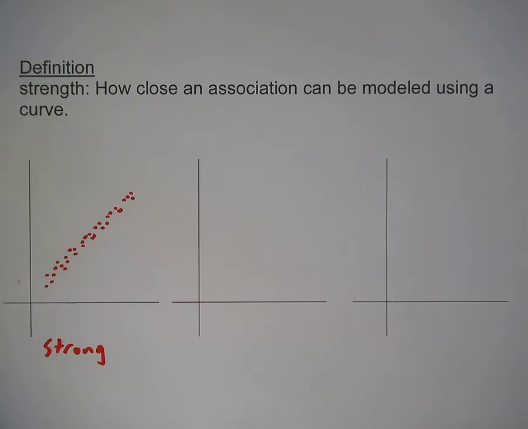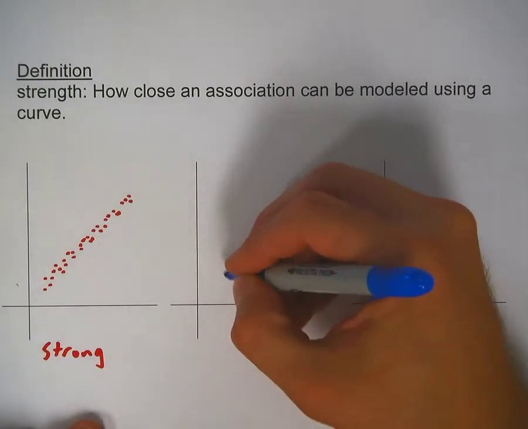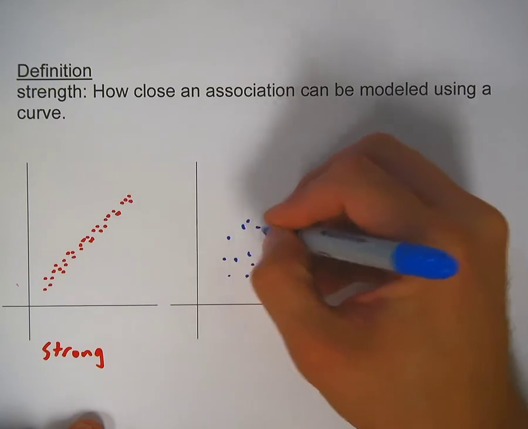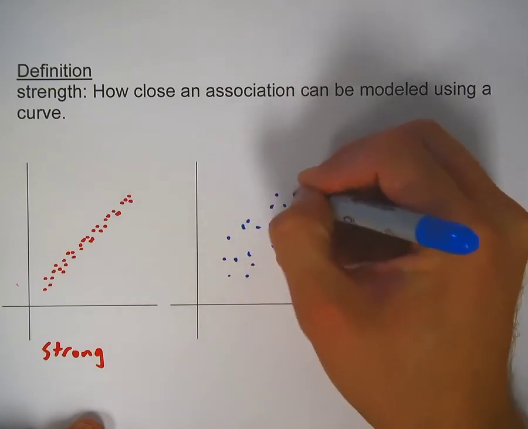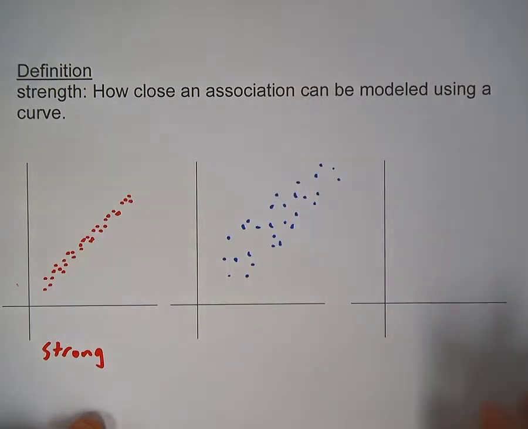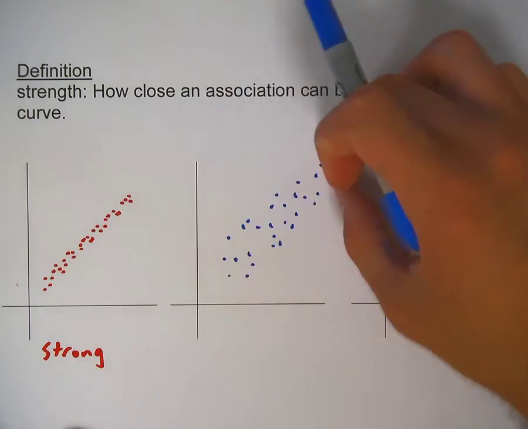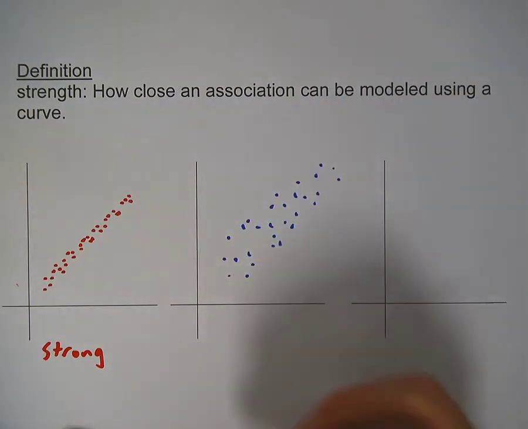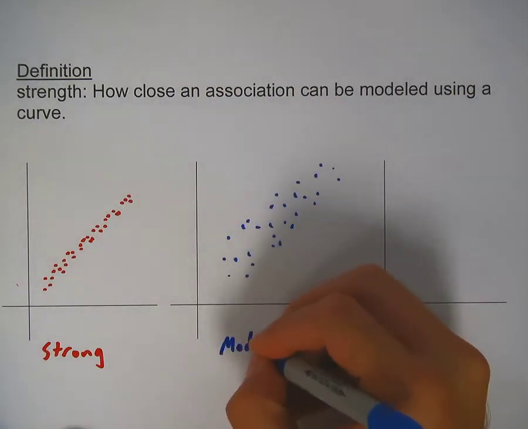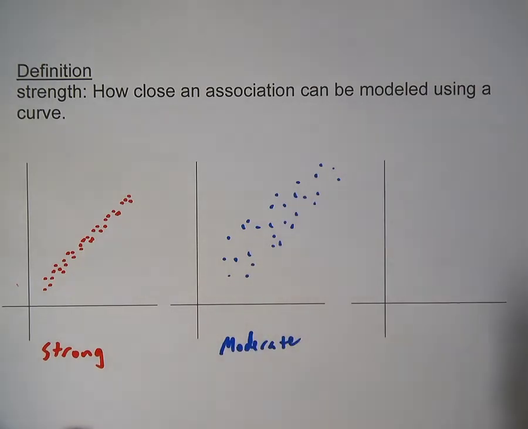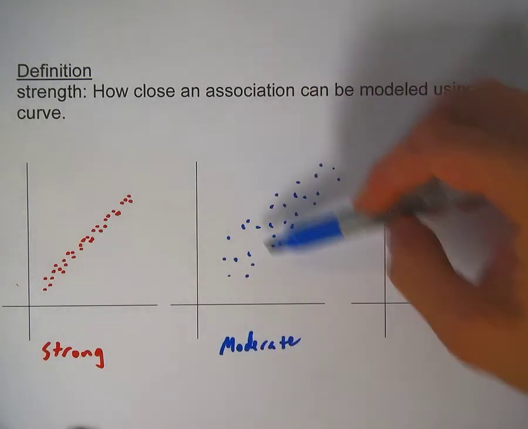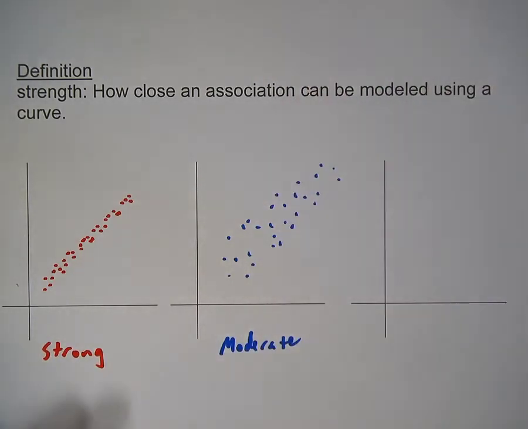Now if we look at a moderate association, you're still going to see an association, positive or negative, but there's going to be less of a tight cluster right around the line or the curve. So we'll say this one is moderate. You could also have a moderate negative association if the y values were decreasing.